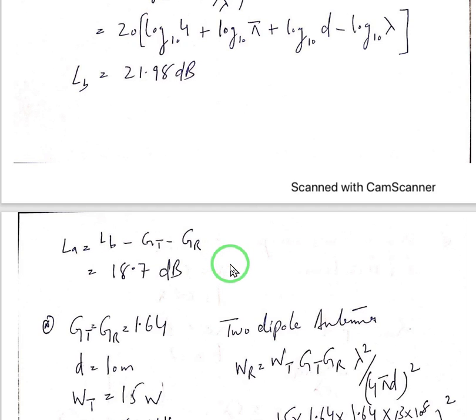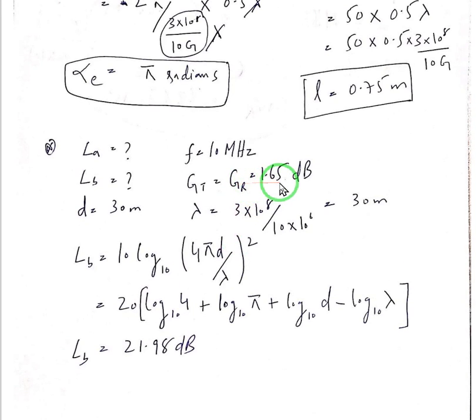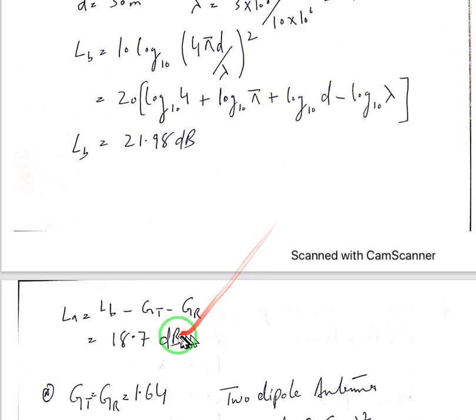For this, we can also use 20 log 10. Sorry, no, we don't have to use this because it is already given in dB. So we just have to put in the values, that is 21.98 minus 1.65 minus 1.65. It will give us the actual loss, that is 18.7 dB.